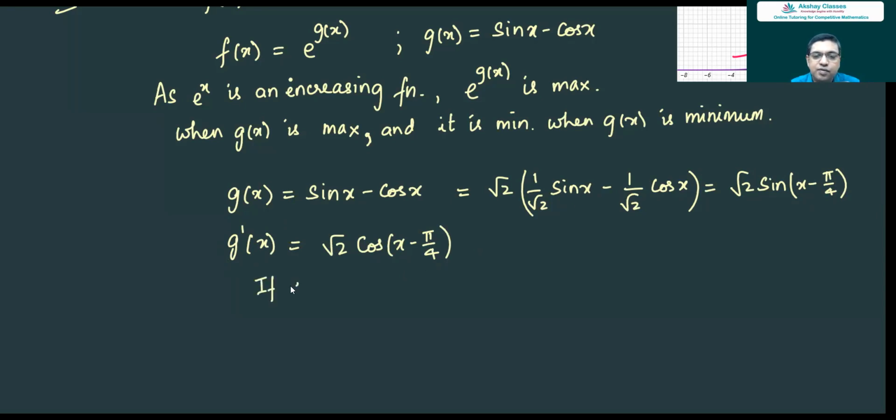Now if g dash x equals 0, it means cos of x minus pi by 4 is equal to 0, which implies x minus pi by 4 is minus pi by 2, plus pi by 2, minus 3 pi by 2 or plus 3 pi by 2, and so on. So odd multiples of pi by 2.